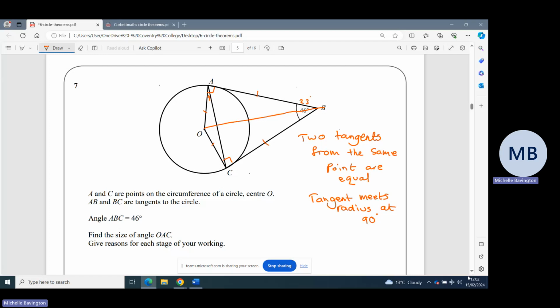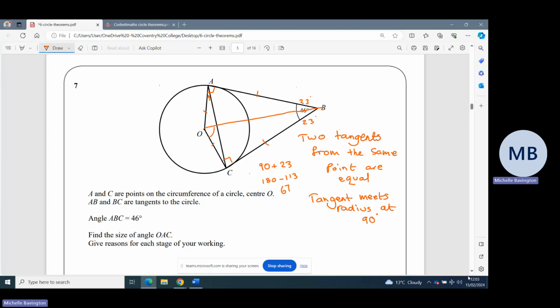Okay, I could do this. So that would be 23, and that would be 23. OAC, we're looking for OAC. That's 90, 113. 90 plus the 23, 180 minus 113, because I could find that angle, which will leave me 67.